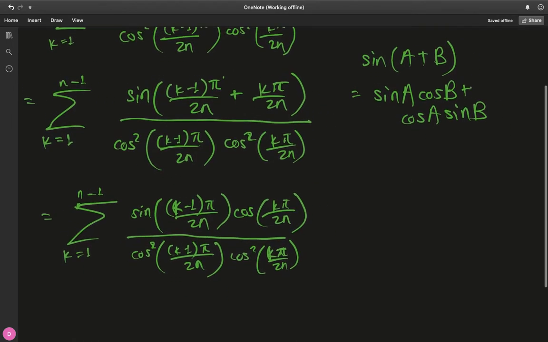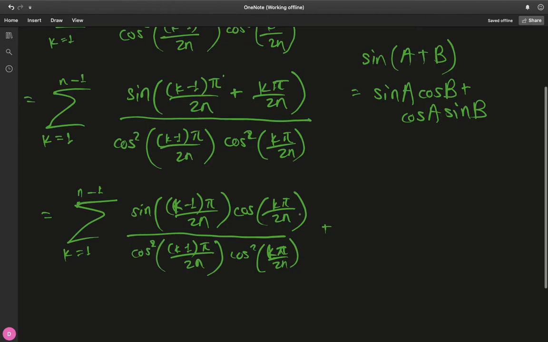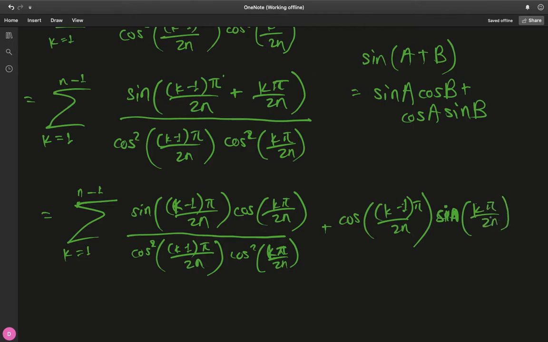That's the first sum, and the second sum is cosine of a, so cosine of (k minus 1) pi over 2n times sine b, sine of k pi over 2n, divided by the same denominator, cosine squared of (k minus 1) pi over 2n and cosine squared of k pi over 2n.